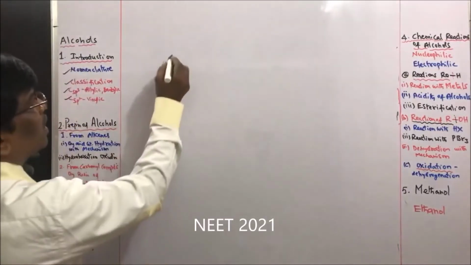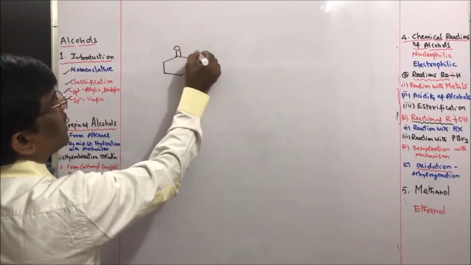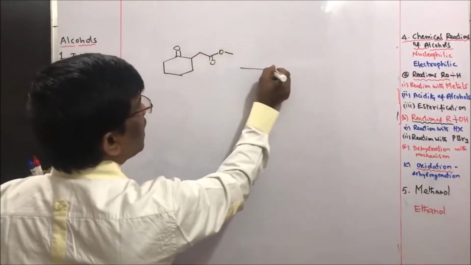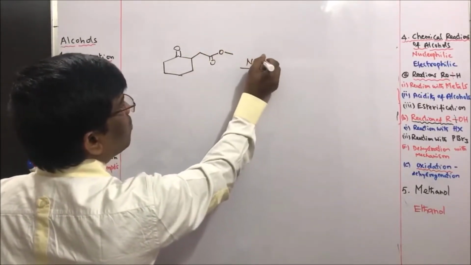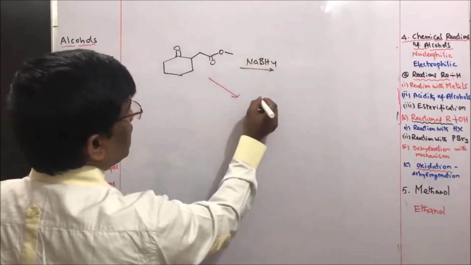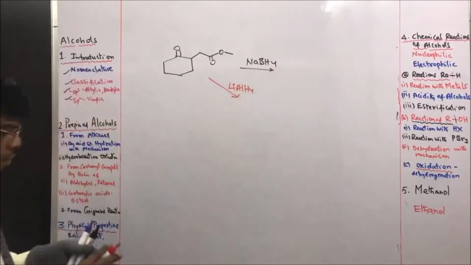For example, if I give this compound, try to answer: the carbonyl here, and O-methyl ester. If I reduce it with sodium borohydride, what is the product? If I reduce it with lithium aluminum hydride, what is the compound?